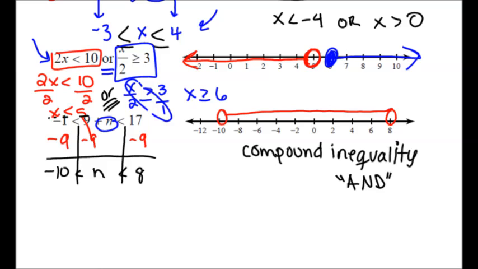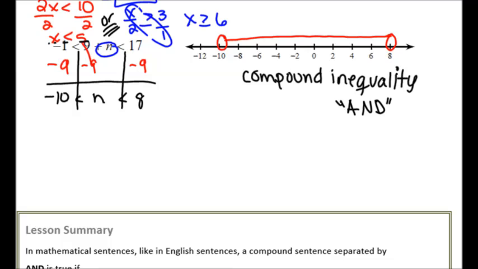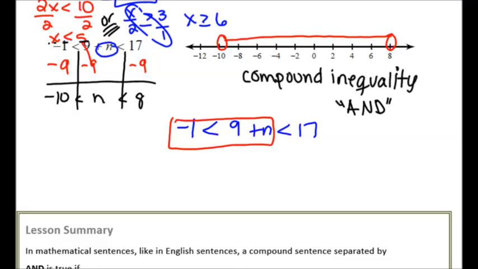Maybe it was because this is the way I was taught it. So we have -1 is less than 9 plus n is less than 17. When I answer a question like this, I kind of just break it up into two. This is going to be my first one, and this is going to be my second one.